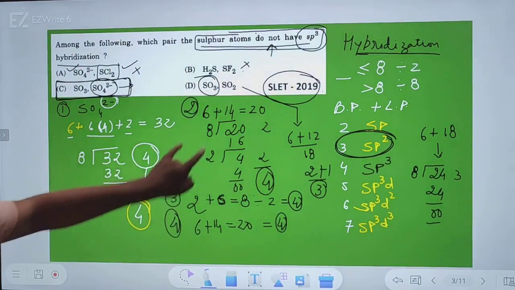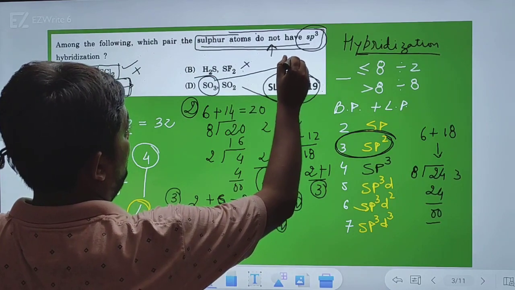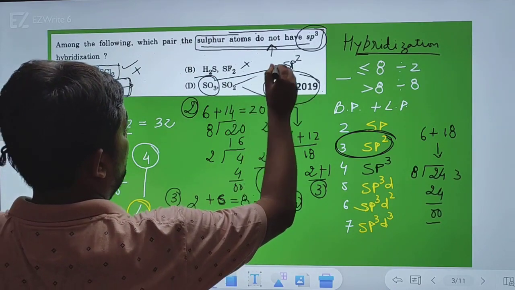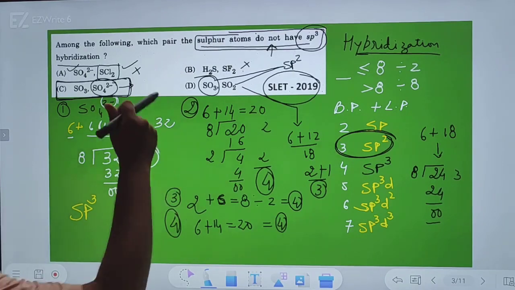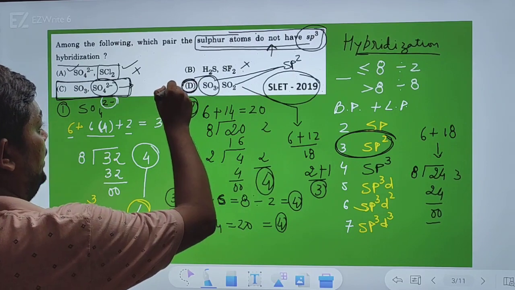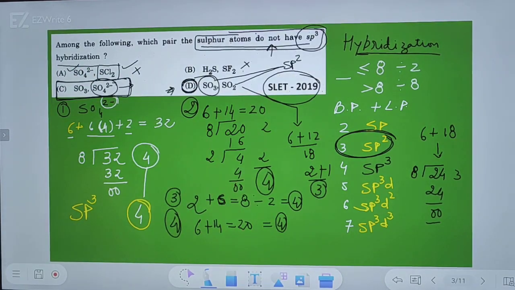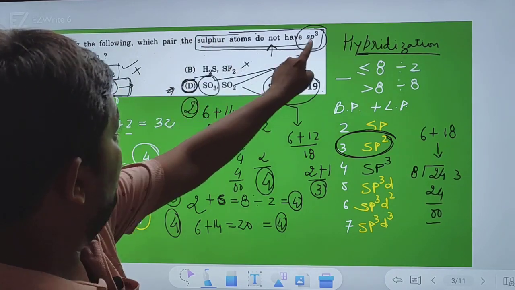So friends, in both these options, SO3 is sp2, SO2 is sp2, so the fully correct answer for my question has to be option D, SLET 2019. In this option, only SO3 is a molecule where the sulfur atom does not have sp3.